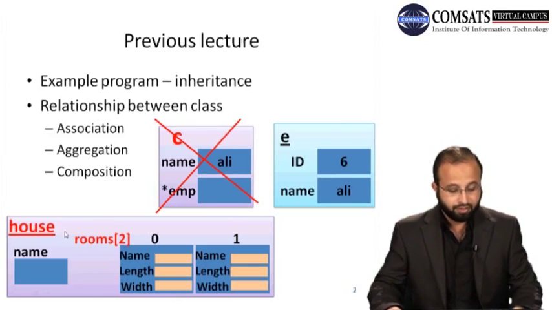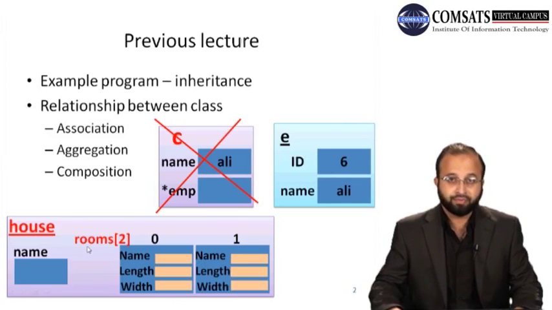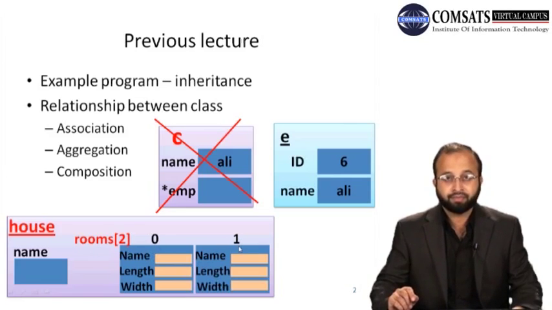We have seen the example of the house, and within the house class definition we have declared an array rooms of 2 members whose type is room, that contains the objects of the room class. And now if we delete this house object, it will also delete the room objects, that is at index 0 and index 1 of that array, right?